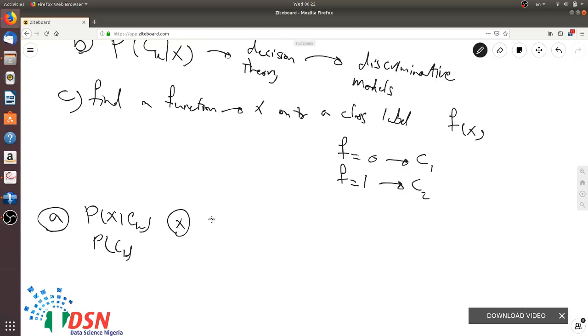But on the other hand, we can calculate p of x, which is very useful when we want to detect new data that has low probability. Other approaches can give very low accuracy or can fail, but in this approach, because we know the distribution of x, we can use that to detect new data that are hard for other approaches. We call this outlier detection.